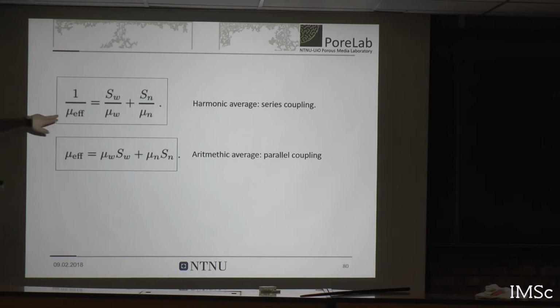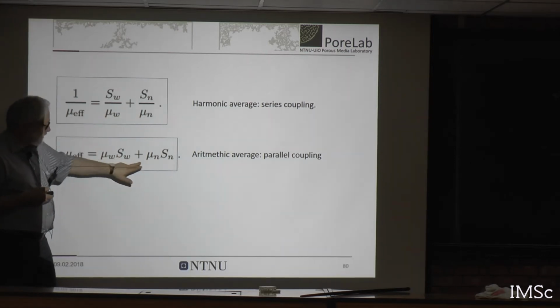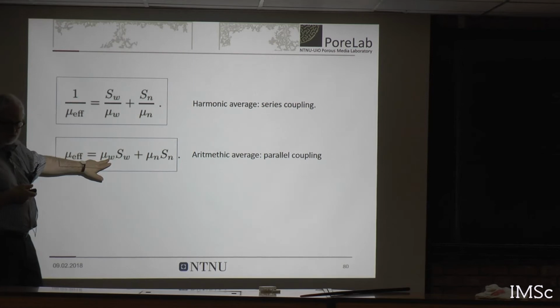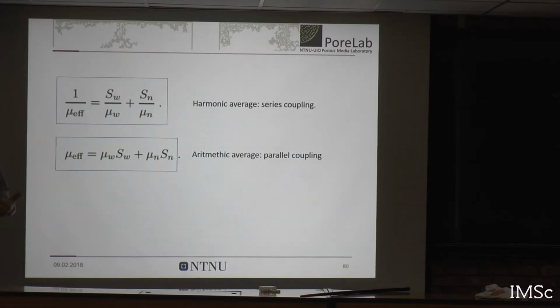So what kind of effective viscosity would you give to this mixture? Would you do a harmonic average? Would you do an arithmetic average, the standard average? Would you do a geometrical average? If you go in engineering literature, you'll find them all.